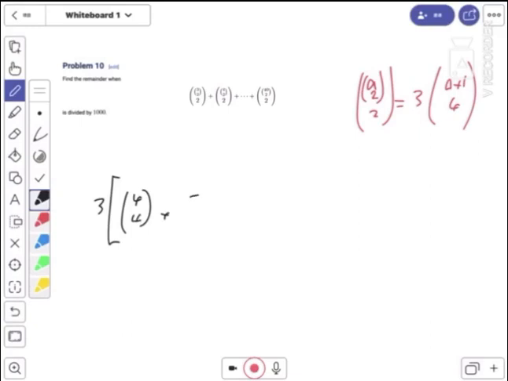And then as a increases, this number also increases. So we're going to have essentially 38 terms, which the end is going to be 41 choose 4. Now, how are we going to calculate this?